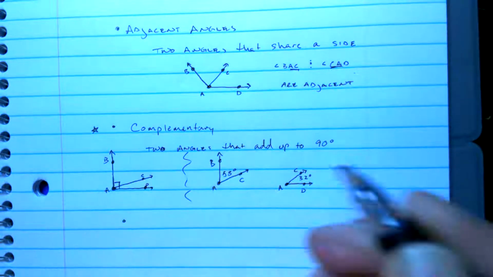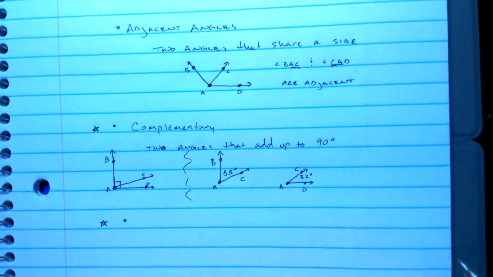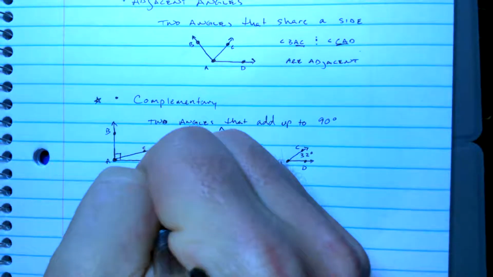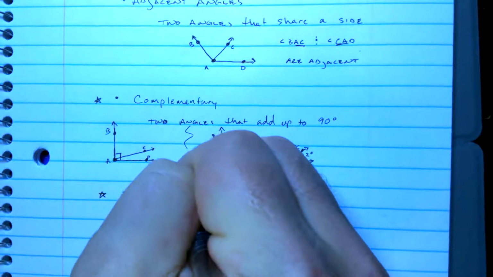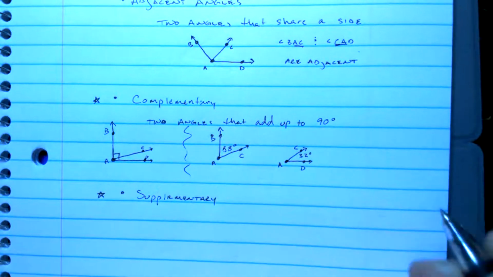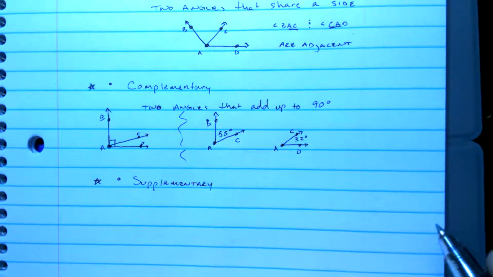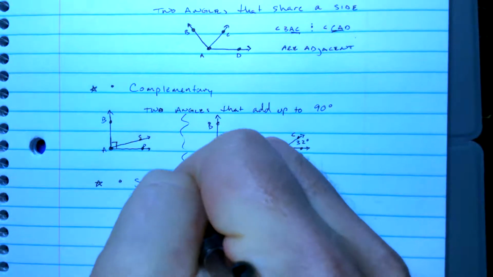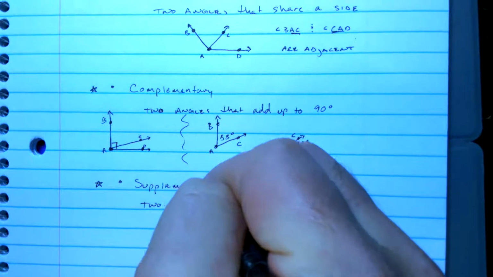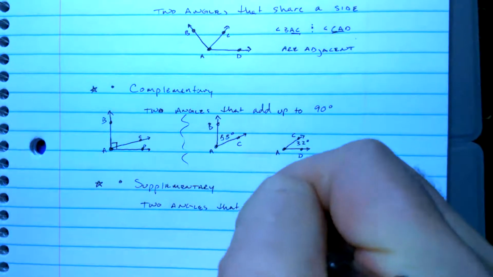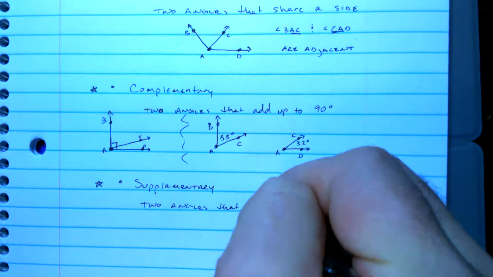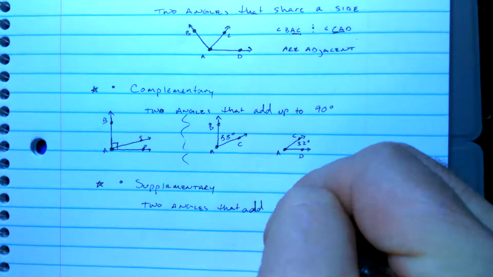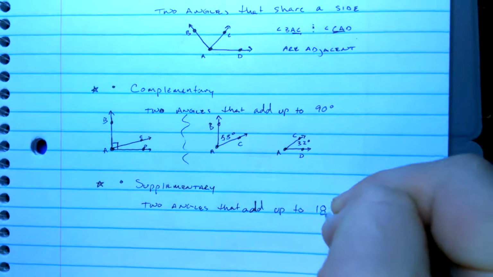The next one on our list, again another star, is an important one. We've got supplementary. Supplementary is very similar to complementary in that it does involve two angles and they do add up to a certain amount: two angles that add up to 180.